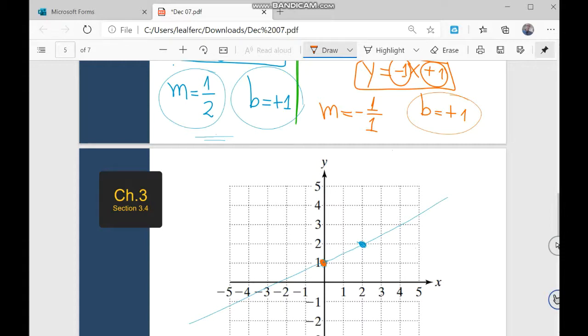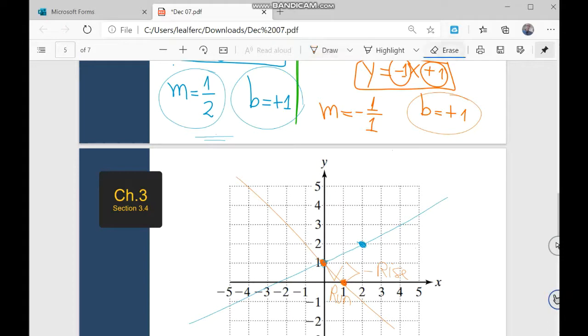Run is 1, and rise is not rising, it's going down. It's falling, right? Negative rise is 1. That means the second point we're going to have is right here. Connect the dots and find the line. We have now 2 lines.